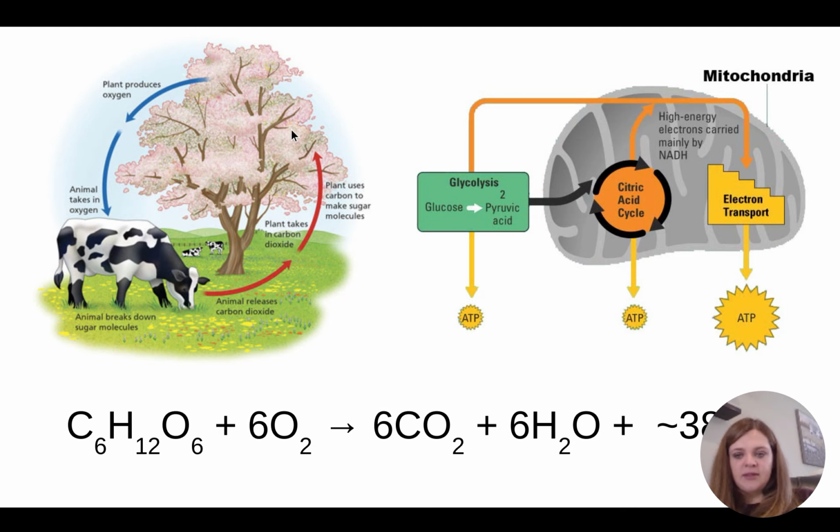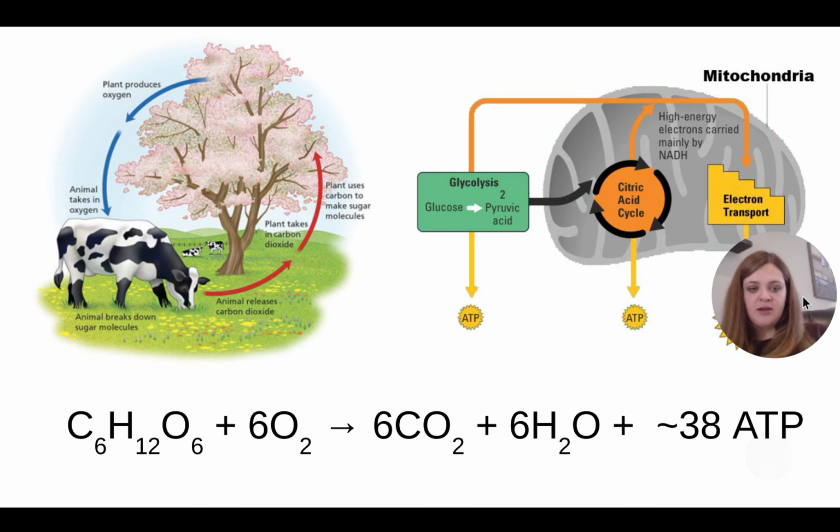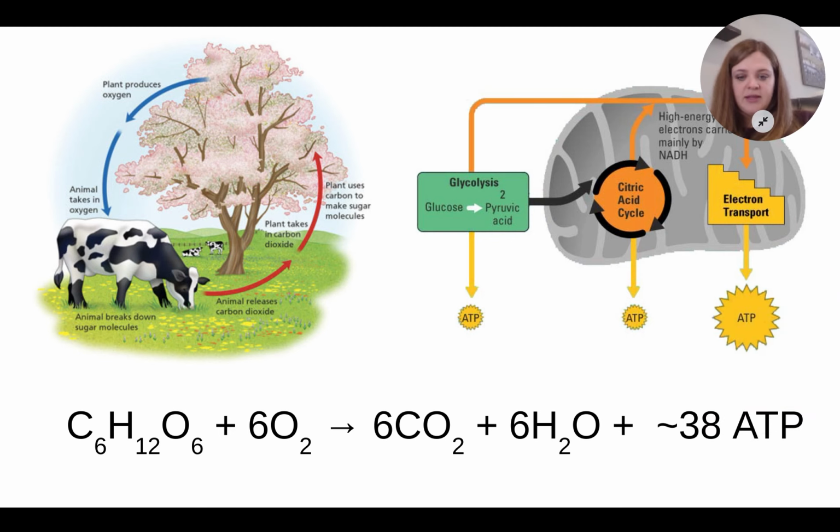Okay, so the equation for cellular respiration, we want to make sure we can write this down. You should know what molecule this is, hopefully. This is glucose. So we take any organic compound that we eat and we turn it into glucose.